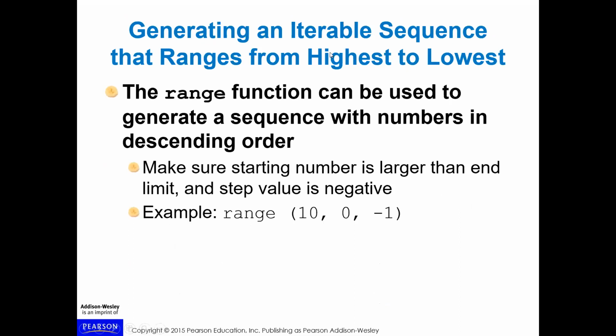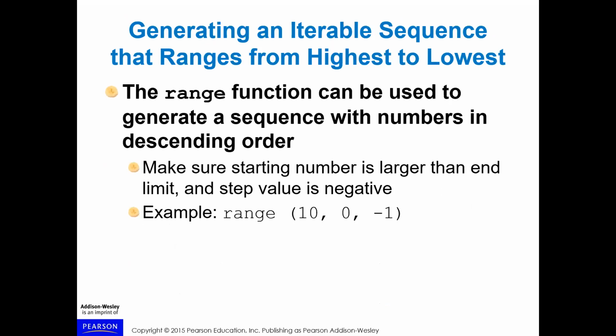Generating an iterable sequence that ranges from highest to lowest. So that's just doing things in reverse. The range function can be used to generate a sequence with numbers in descending order.